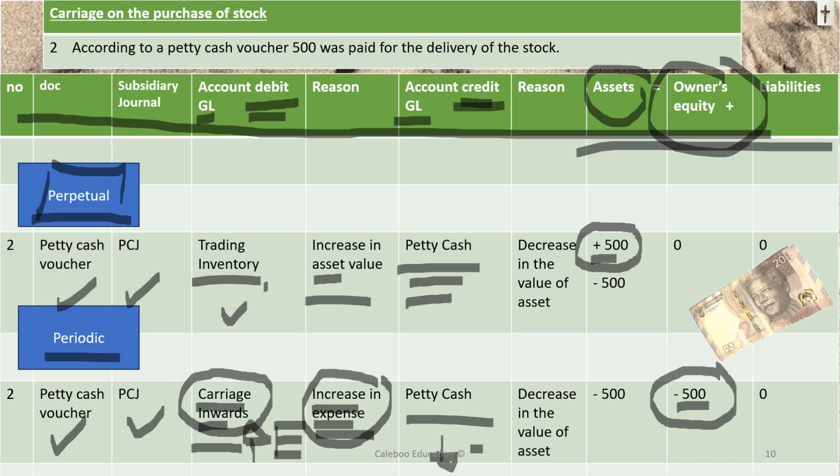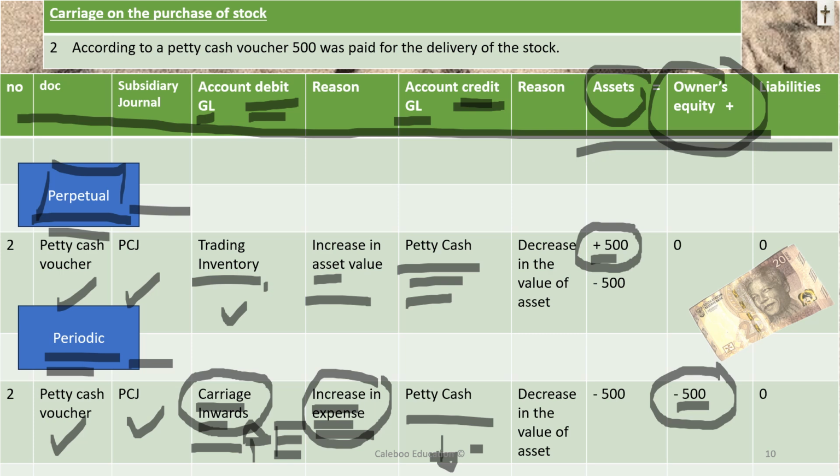But like I've mentioned before in this video, at the end of the period, when we calculate cost of sales, the net result for both these methods in theory should be the same. So there's just a different process in recording perpetual and periodic.